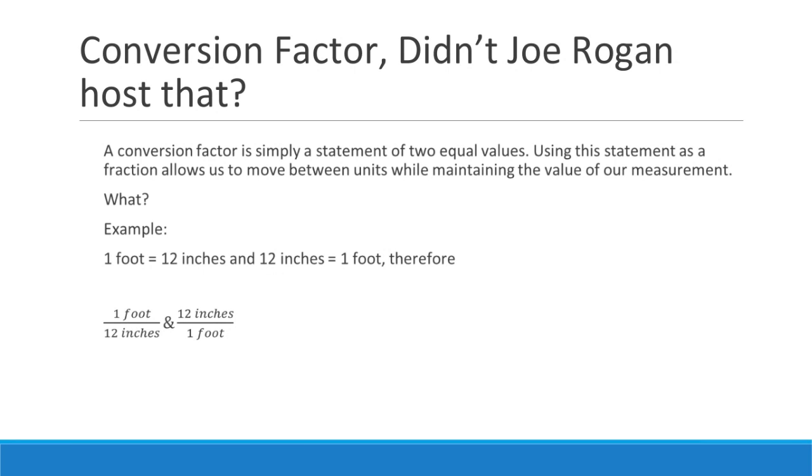So we can represent that as a fractional ratio, either as 1 foot over 12 inches or 12 inches over 1 foot, which is saying 1 foot per 12 inches or 12 inches per 1 foot. You might hear that word per, P-E-R, a lot moving forward in how people explain ratios to you. And if you start picking up on it, you'll realize, like, miles per hour, wow, that's a ratio. That is how many miles you're going over how many hours it takes you to go that distance.